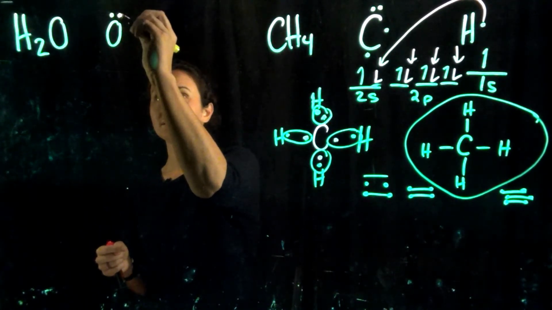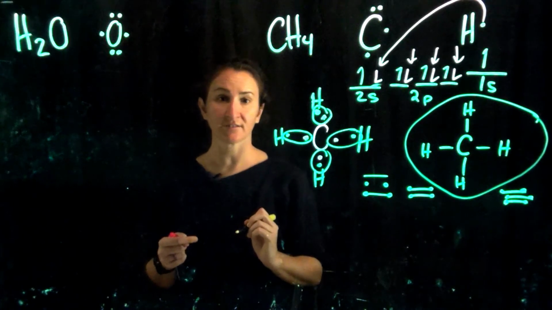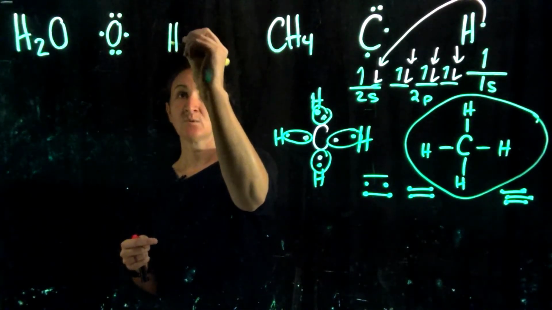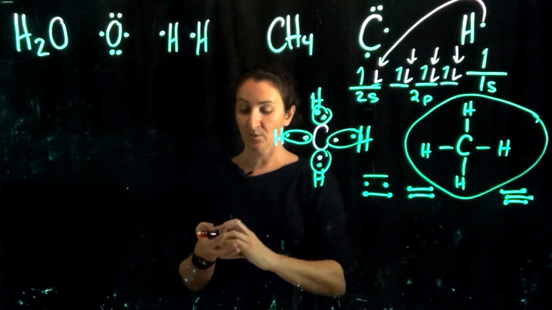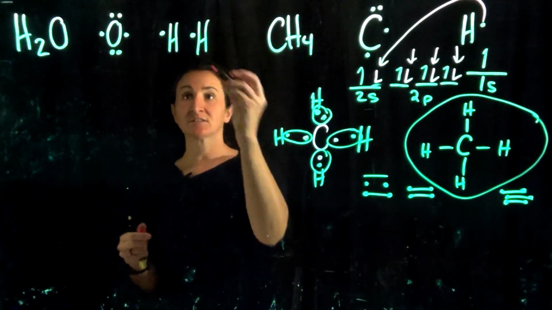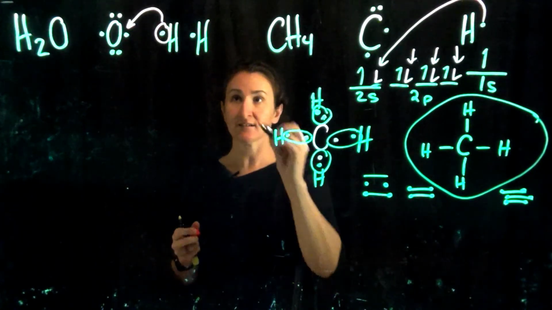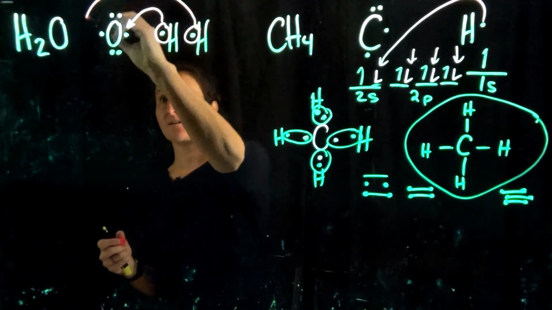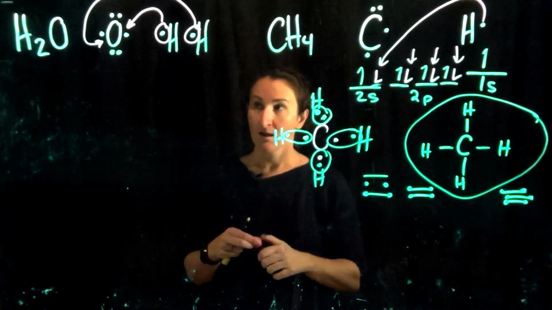Oxygen has 1, 2, 3, 4, 5, and 6 electrons around it. Hydrogen, each one of those has 1, and I have 2 of them. So what's going to happen is hydrogen's 1 electron is going to attach where oxygen needs it, and the other electron is going to come in and attach where it also needs the second one.